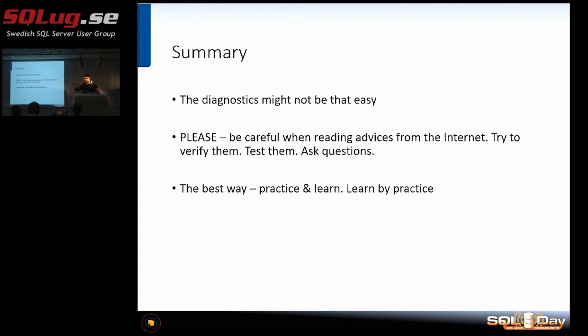You can find some very hairy advice, like you should turn something on or off. Try to verify it, try to test it, and of course ask questions. If you have doubts, please ask questions, because there is a lot of advice that does not work and can lead you into serious problems, I believe.